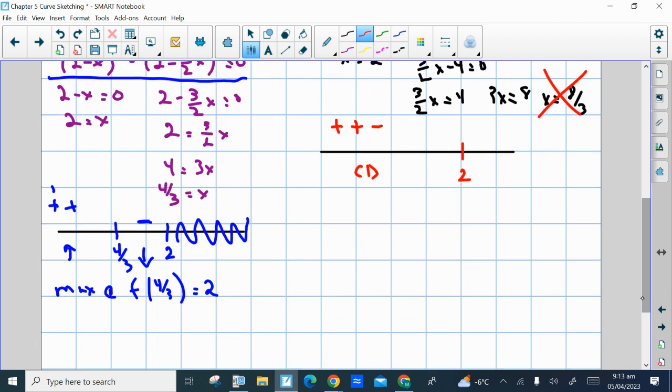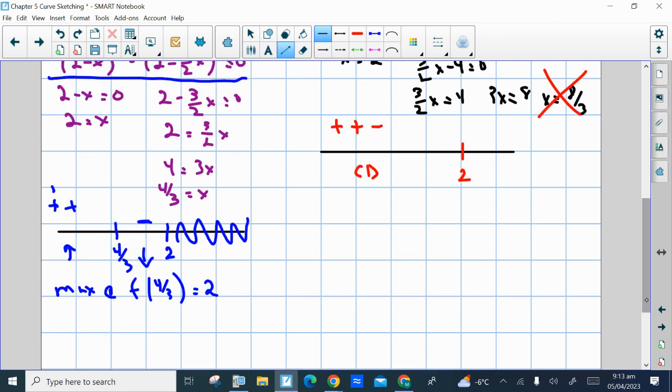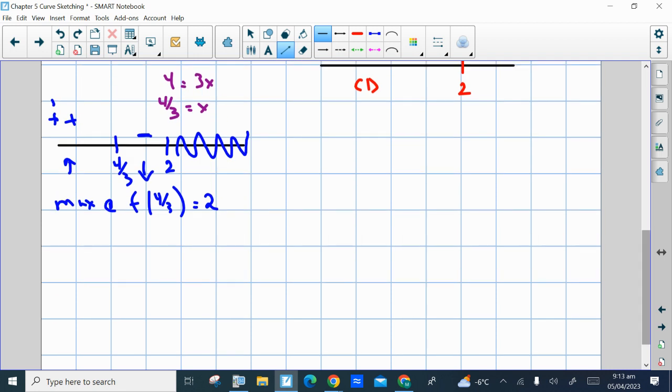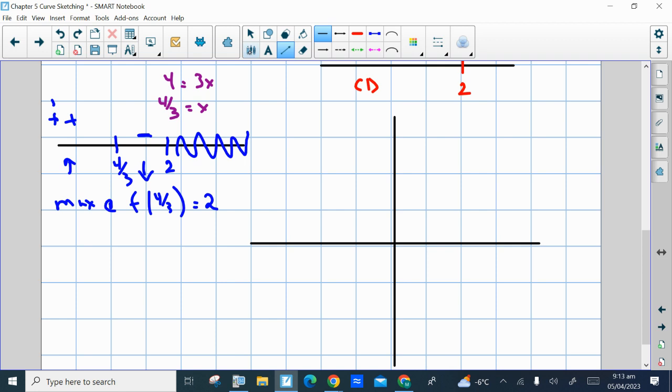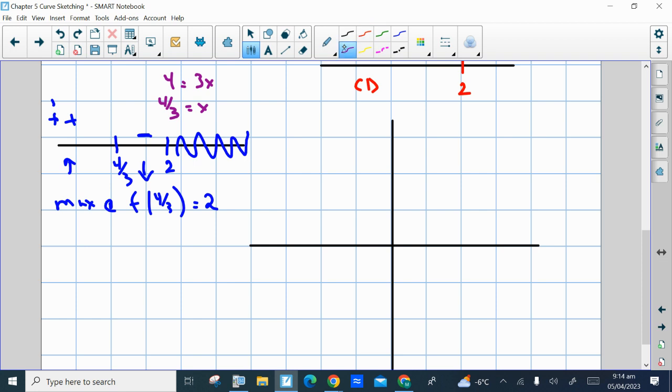So we now have everything we need to sketch our graph. So we're starting at the point 2 comma 0. And the graph is completely to the left of that.